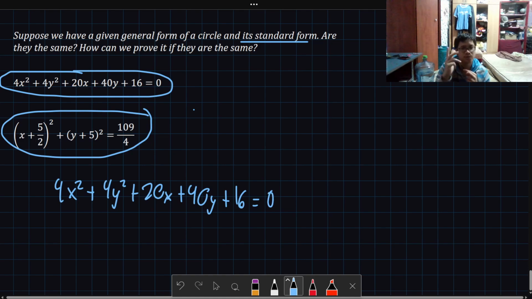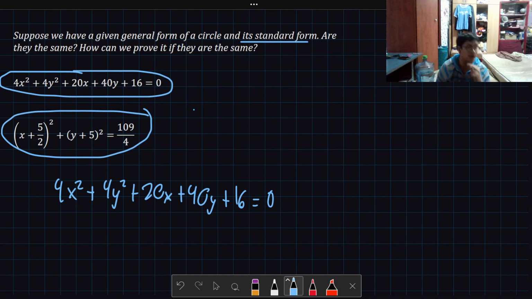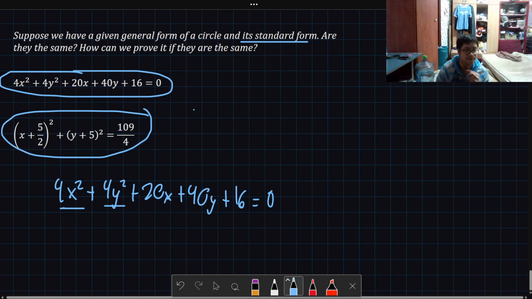Remember, if you're going to convert this into standard form, the first step is to take a look at the coefficient of x squared and y squared. Why? Because if the coefficient is not 1, then we're going to divide the equation by its given coefficient. In this case, the coefficient of x squared and y squared is 4, so we're going to divide both sides by 4.